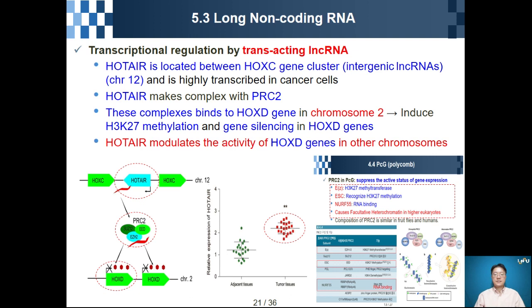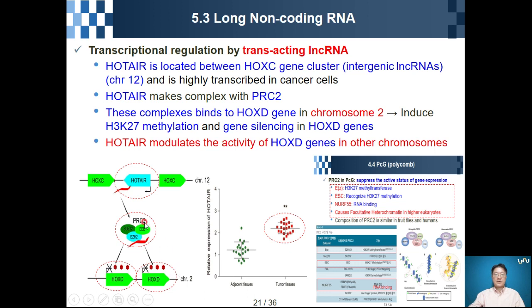This complex binds to the HOXD gene in chromosome 2. HOTAIR is located in chromosome 12, but the HOXD gene is located in chromosome 2. So these complexes bind to the HOXD gene in chromosome 2.